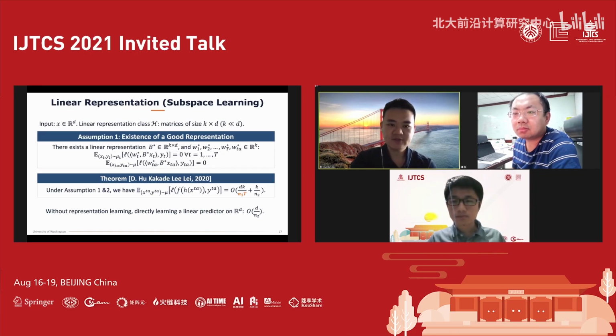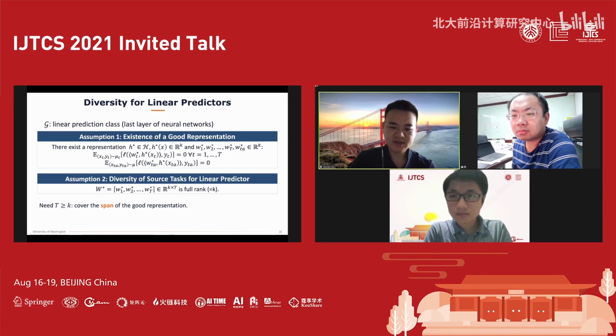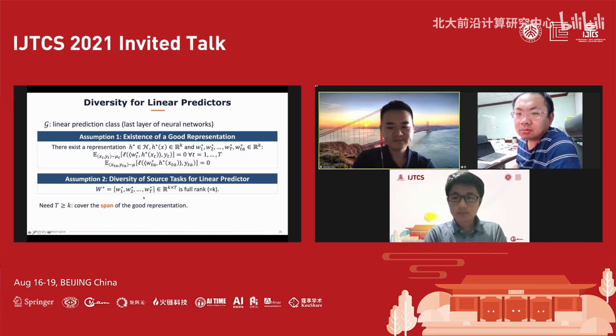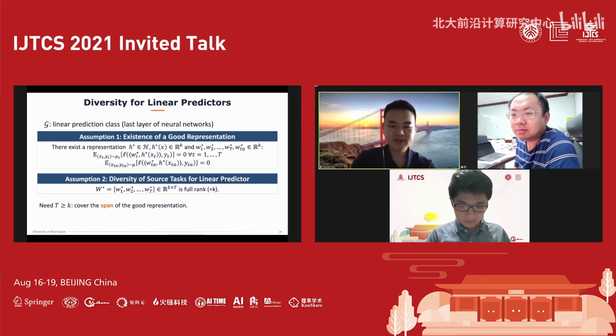Here, the full rank is for the worst-case target task, but if there is more assumption, more connection between the source and target task, you may have a more fine-grained assumption about this diversity that is more related to both the source and target task. But here, our assumption is only related to the source task. Oh, I see. So the condition number is hidden in the bigger... Yeah. I didn't talk about it here, but there's a condition number dependency there, right?